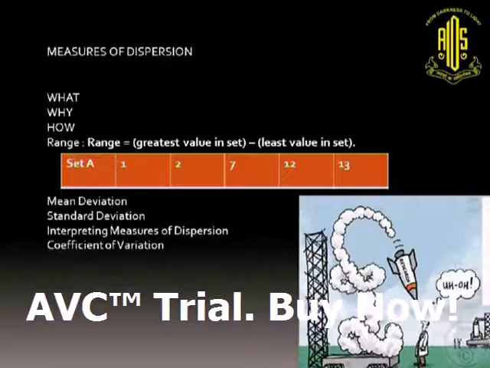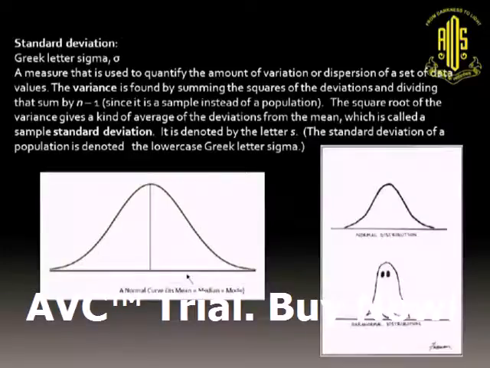How do you convey the scatteredness? By using one of these measures of dispersion. The most common ones we use are range, the interquartile range, and all of us use the standard deviation.